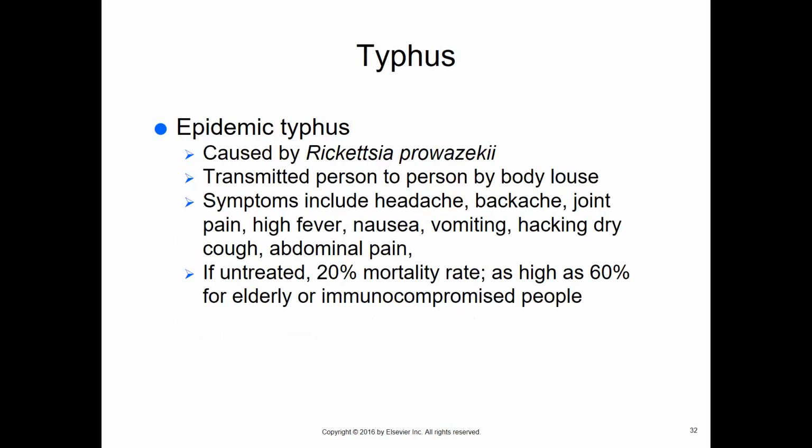So we have typhus: epidemic typhus, endemic typhus, and scrub typhus. The epidemic typhus is caused by Rickettsia prowazekii, and it's transmitted person to person by the human louse, Pediculus humanus corporis.